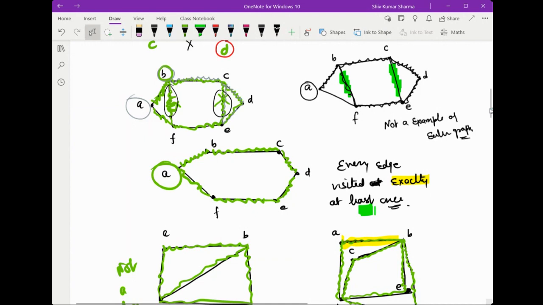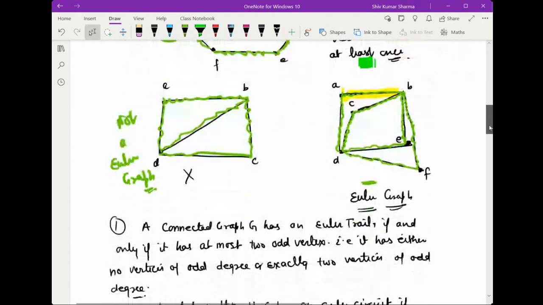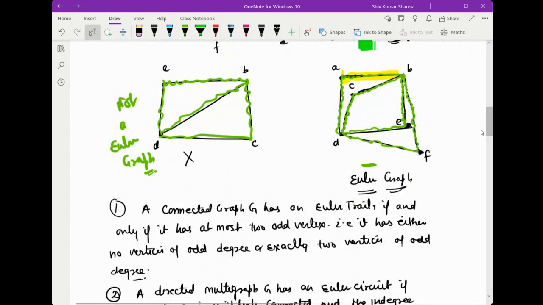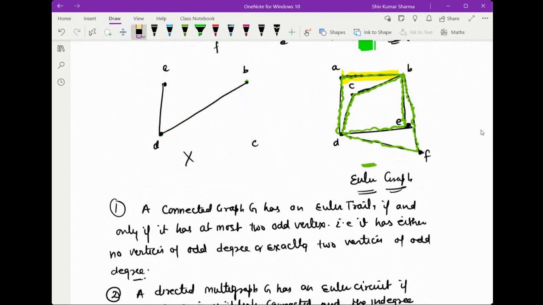Are these two examples examples of an Eulerian graph or not? First, you try to determine whether the given graph is Eulerian or not. So check this one: is this graph Eulerian or not?